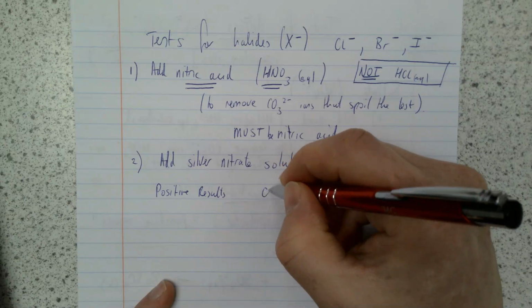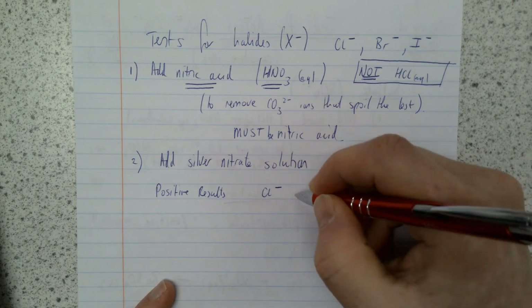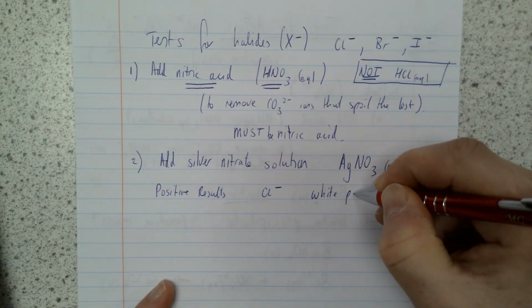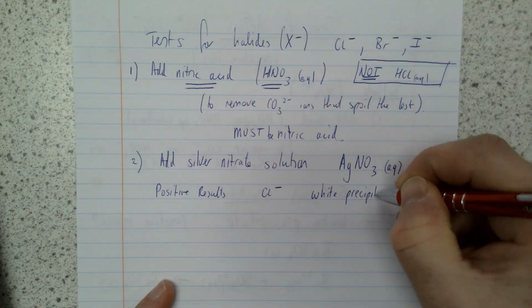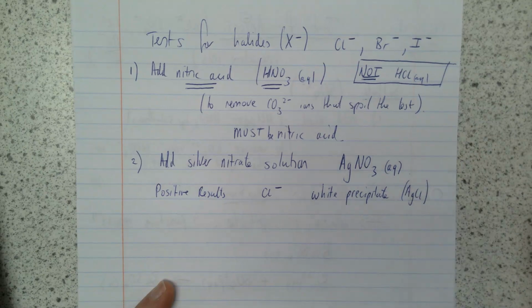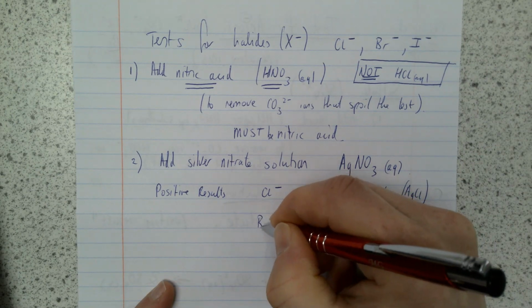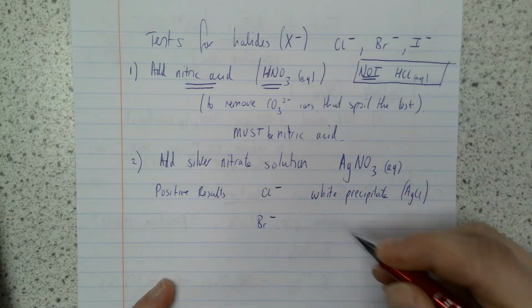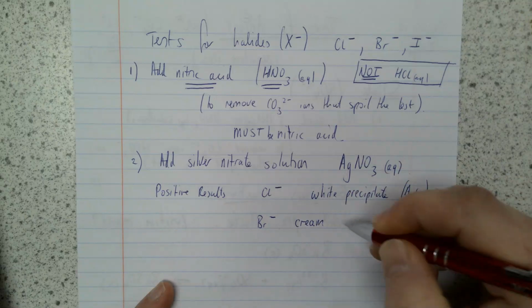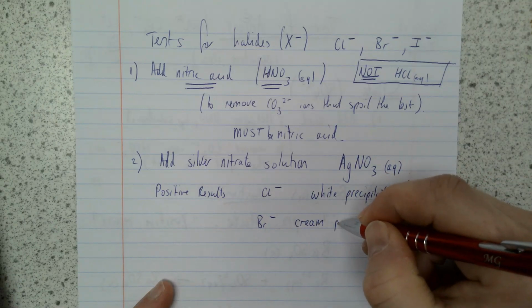So the positive result for chloride is a white precipitate. And by the way, that's silver chloride. The test for bromide is really similar. That's the one that I demonstrated to you. That was ever so slightly creamier than white.